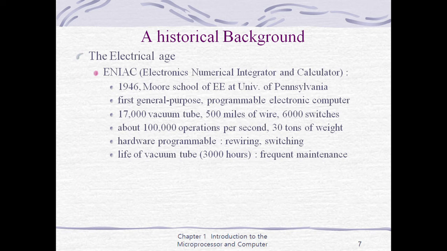Because vacuum tubes were used in this computer, and the life of a vacuum tube was about 3,000 hours, it would require frequent maintenance. Apart from other problems, it was so big, and it needed hardware programming, which is too difficult and cumbersome.